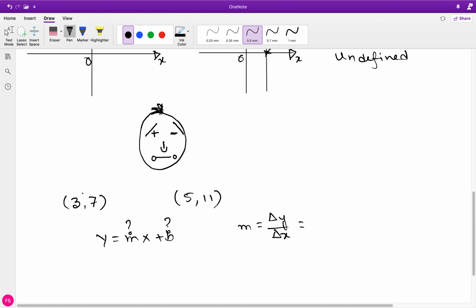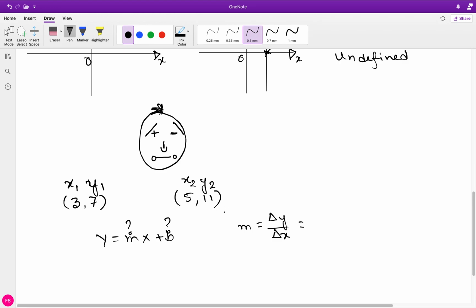Now you have to assign variables to it: x1, y1, x2, and y2. It doesn't matter which one is your x1 and which one is your x2, but if you make this x1, this has to be y1. This can't be y2. So x1, y1, and this one is x2, y2. So for y values, from 7 you move to 11.